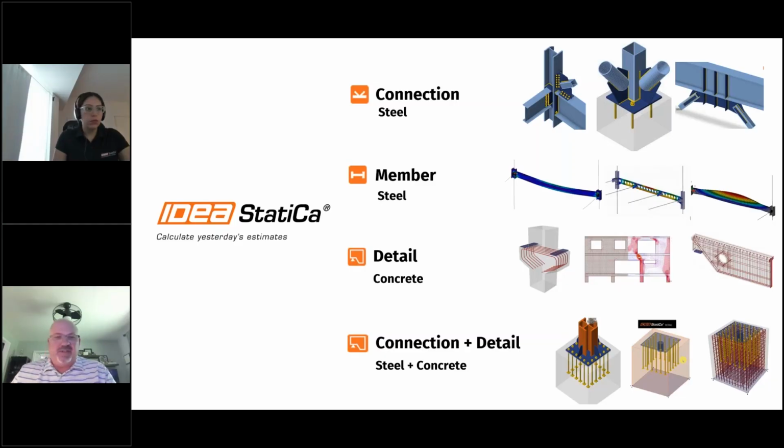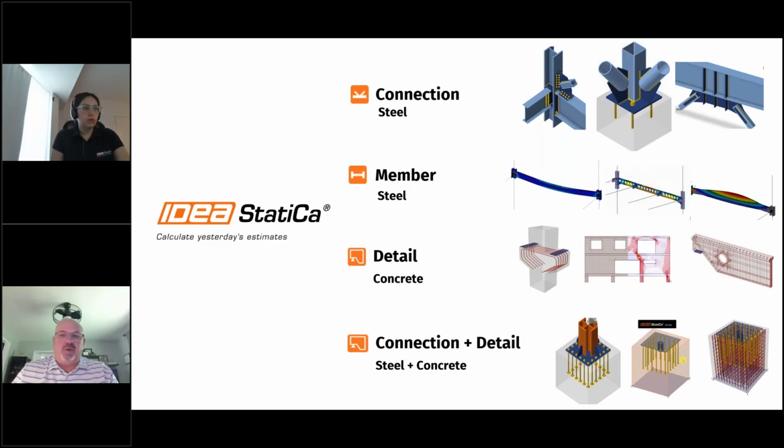Something that's relatively new is Detail. So this is a concrete solution. It's really meant for discontinuous regions in concrete members. Think of an alternative to strut and tie method. I know how much everyone loves to do strut and tie by hand. So this gives you an option to use finite element to look at those designs.